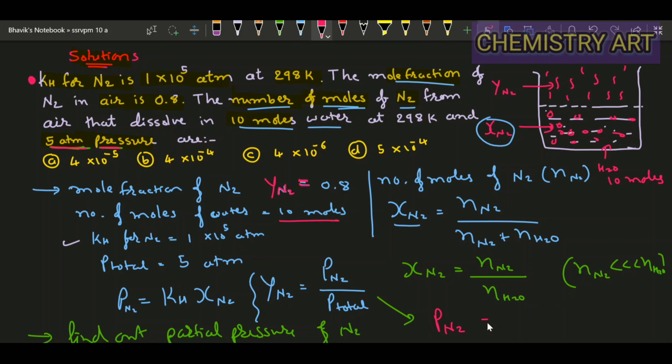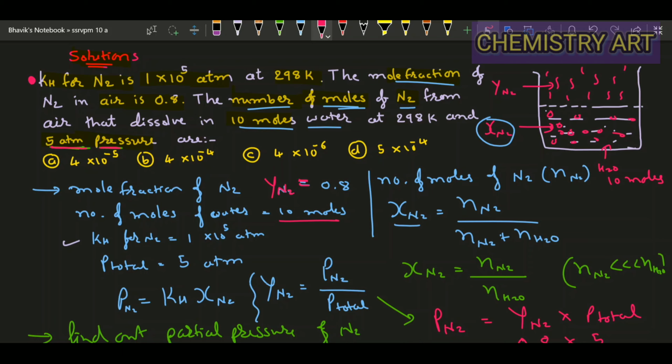So I can write yn2 into P total. We already have the value of yn2, it is 0.8, into P total. P total is 5. Okay, so the answer will be 4.0. So 4.0 is the partial pressure of nitrogen.